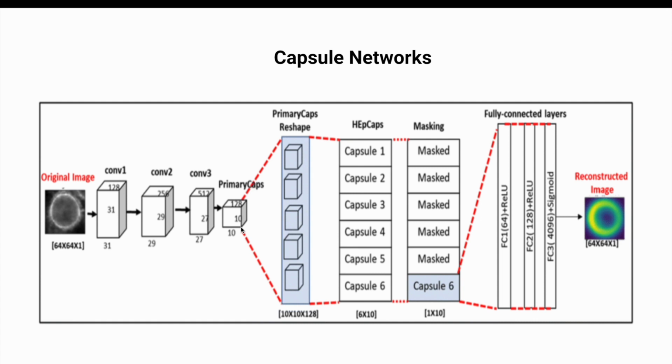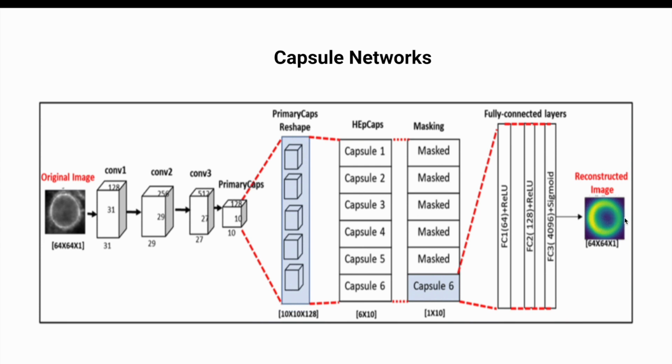Here is a basic illustration of a capsule network. We have an image here, then convolutional layer 1, convolutional layer 2, 3, and then primary caps, primary caps reshape, and finally the reconstructed image at the end.